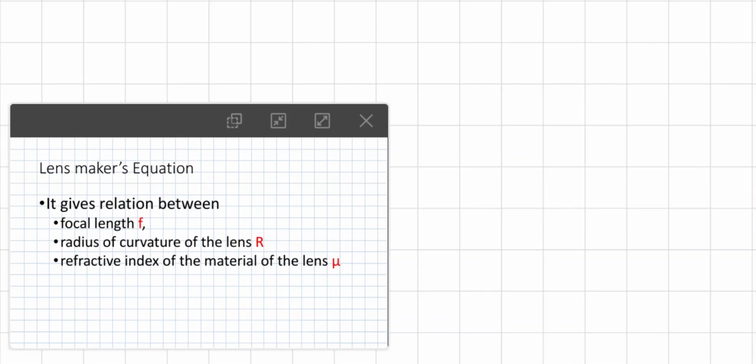The lens equation gives us the relation between u, v and f, where u is the object distance, v is the image distance, and f is the focal length of the lens, so remember that. In the case of the lens maker equation, we are going to see the relation between the focal length f, the radius of curvature of the lens, and mu, that is the refractive index.